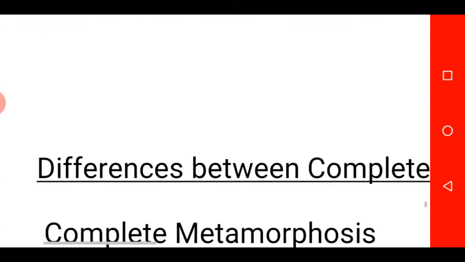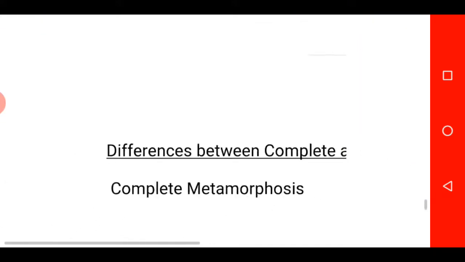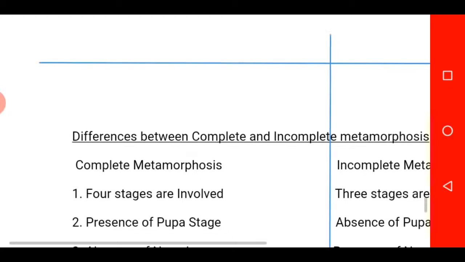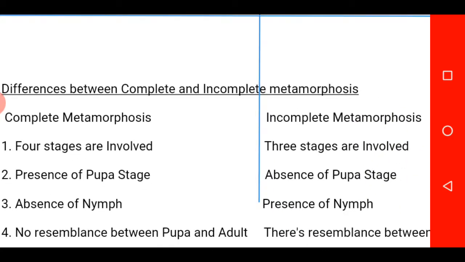So this shows the differences between complete and incomplete metamorphosis. Complete metamorphosis involves 4 stages, as we have mentioned: egg to larva, larva to pupa, pupa to adult. But in incomplete metamorphosis, only 3 stages are involved: egg to nymph, nymph to adult.